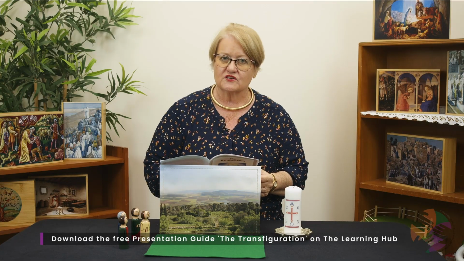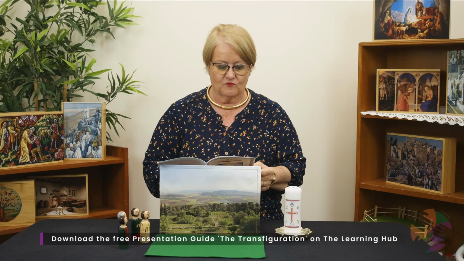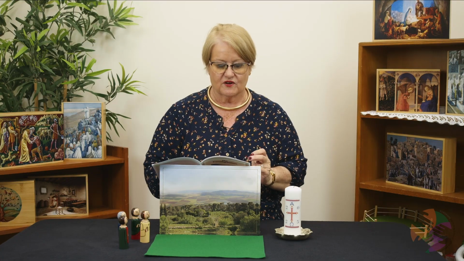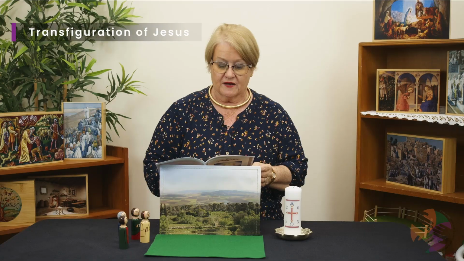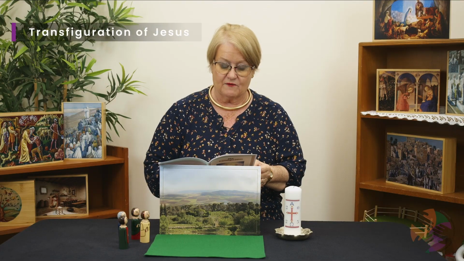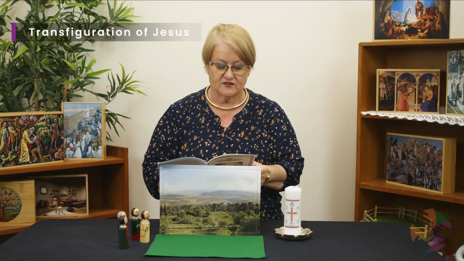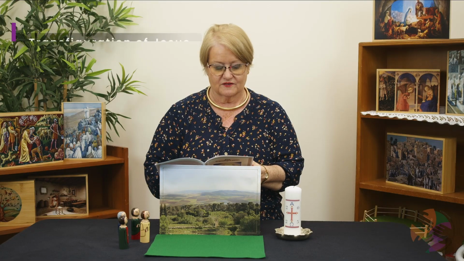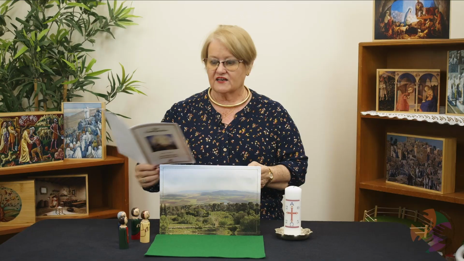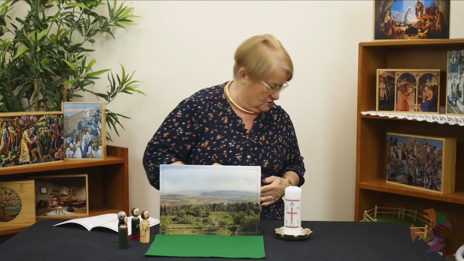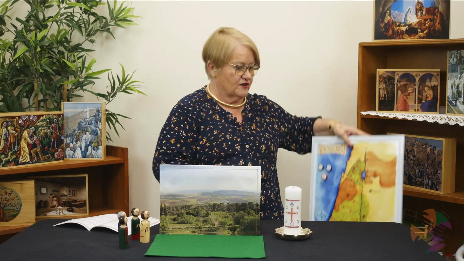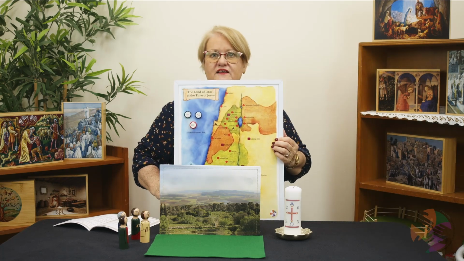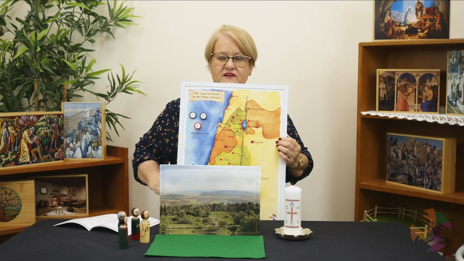Well, there's some words to know and understand, and one set of words is Transfiguration of Jesus. A moment when Jesus' appearance became radiant, transfigured in the presence of 3 of his apostles. Mount Tabor is actually the mountain which is believed to be the mountain where it occurred. It is not actually mentioned in the passage, but here you can see where it is on the map.